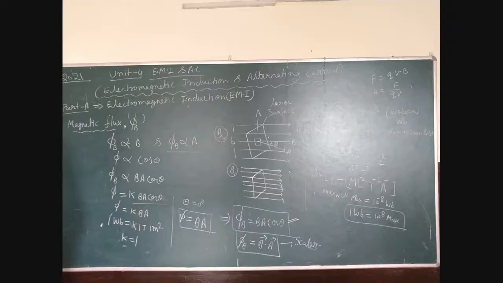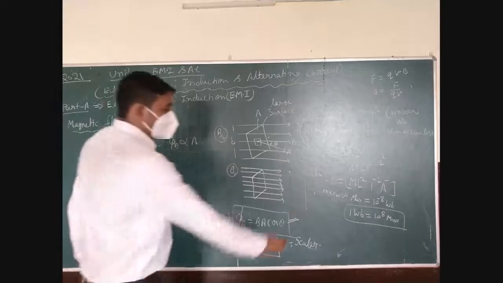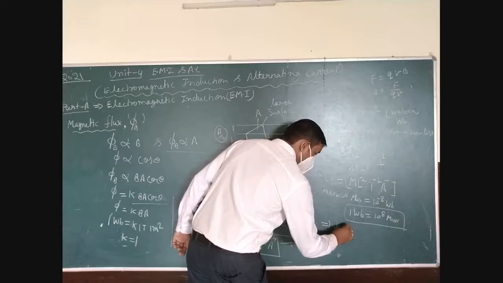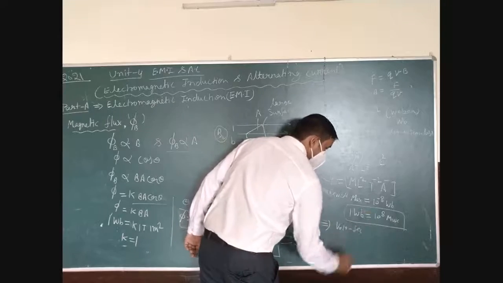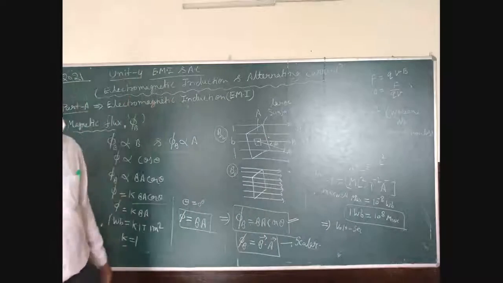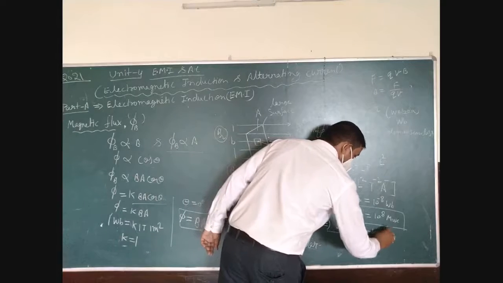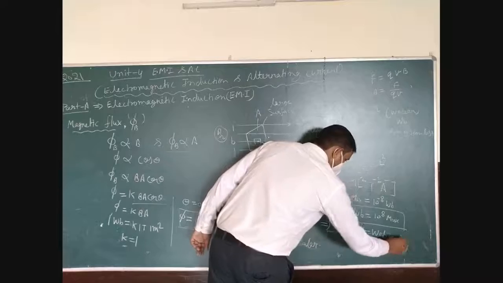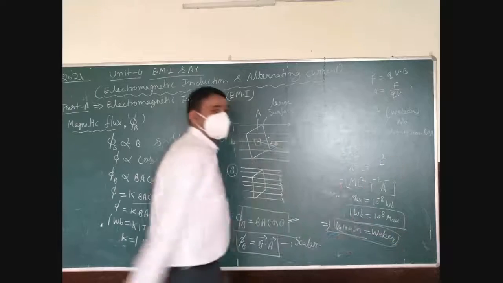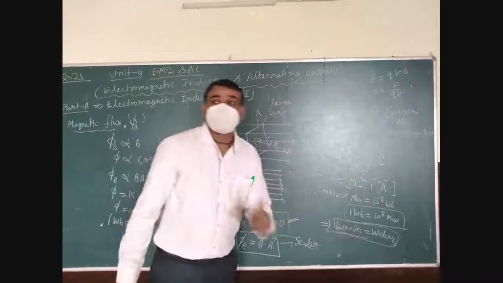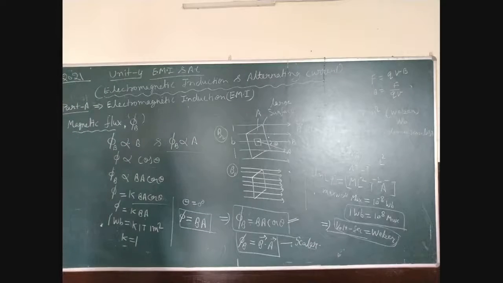Next, another unit of flux is volt second. So Weber is equal to volt second. If you find in a question the unit volt second for a physical quantity, it is equal to Weber, which means magnetic flux.